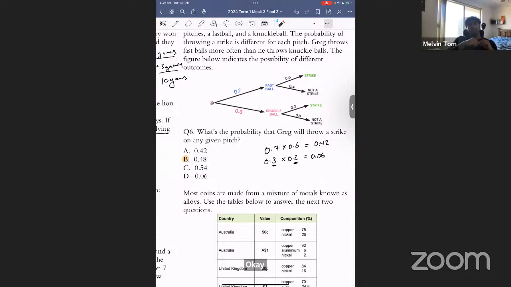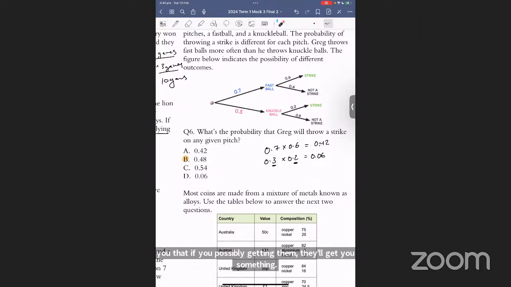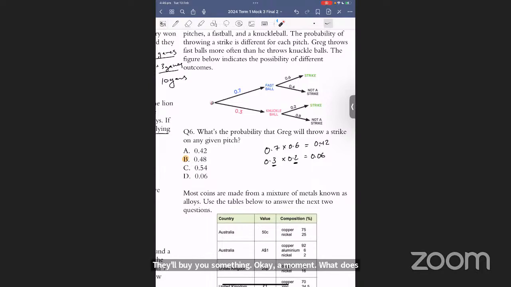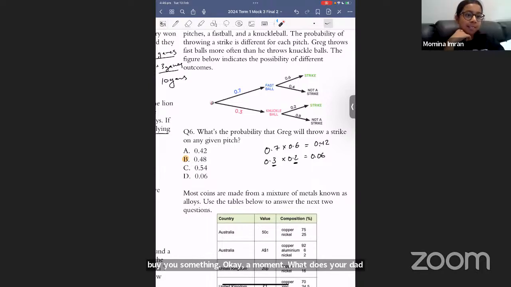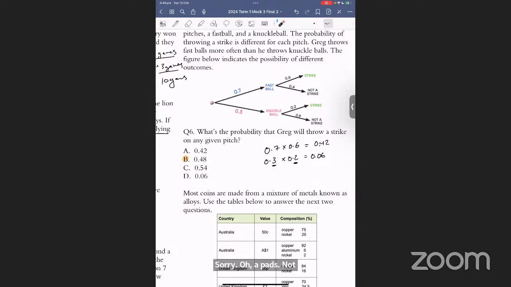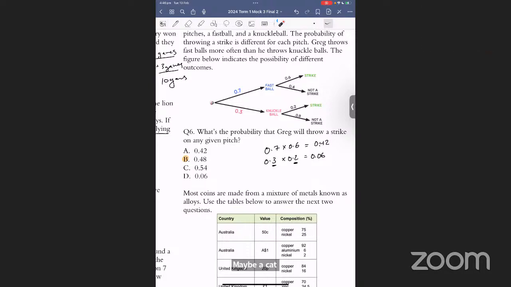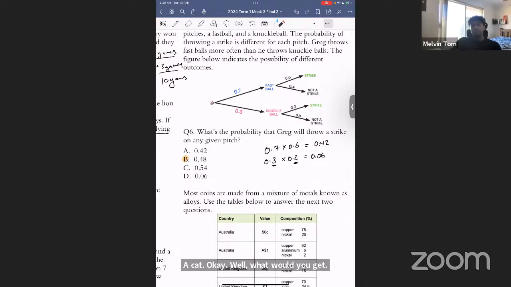So let's just say, how many of you have parents who told you that if you pass the GATE exam, they'll buy you something? Okay, Momina, what did your dad say? A pet. Nice. What do you want to get? A dog? Maybe a cat. Okay, what would you get, Ayush? They said they'll get me a VR headset.